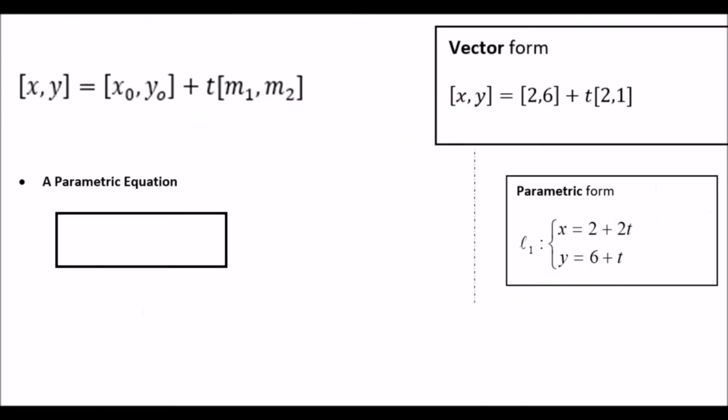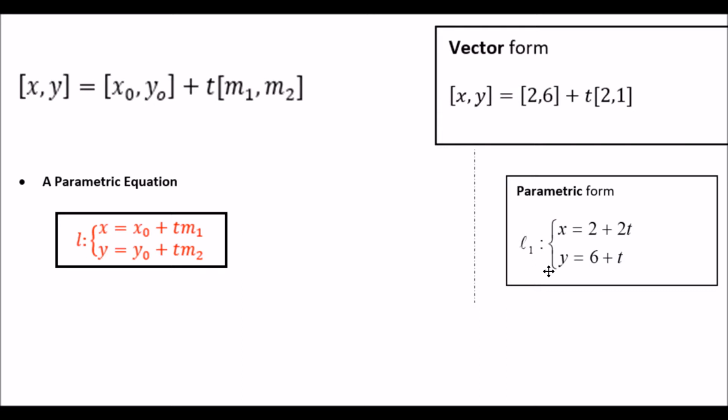All right. Vector form of the equation. So we've talked about this one already. Parametric form of the equation. It is actually looking like this. It's basically this vector form written kind of in rows. So x is equal to x naught plus t m1. So it's really taken from this guy here, and y is equal to y naught plus t m2.